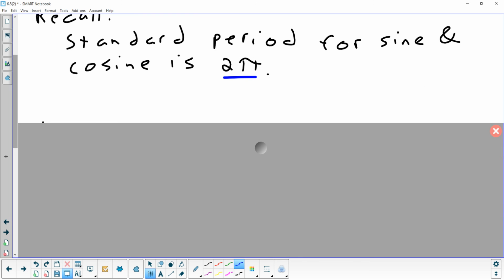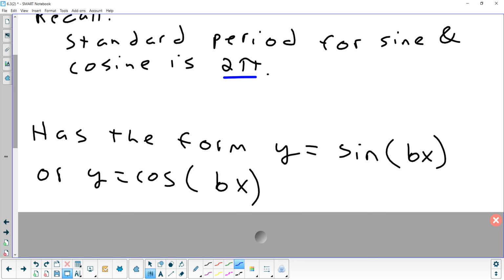It's part of the argument. So a period change has the form y equals, could be sine or cosine, of b times x. Again, if you're wondering why I use b, that'll be more clear when we do a multi-step transformation tomorrow. This would be the second thing you would look at in a multi-step problem.